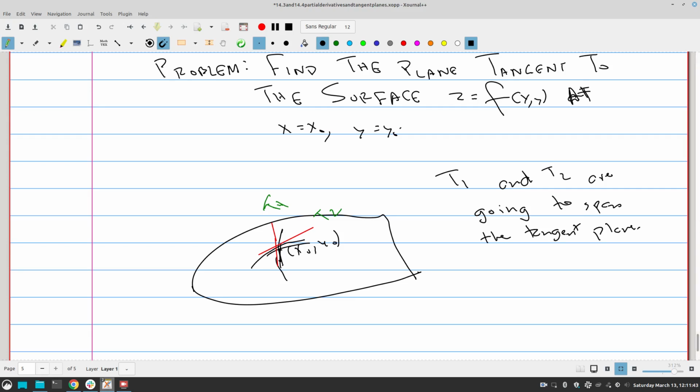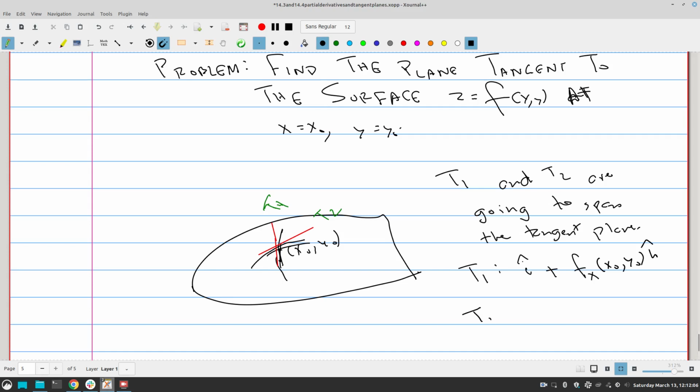We treat T1 as a vector. T1 is given by i plus fx(x naught, y naught) k.